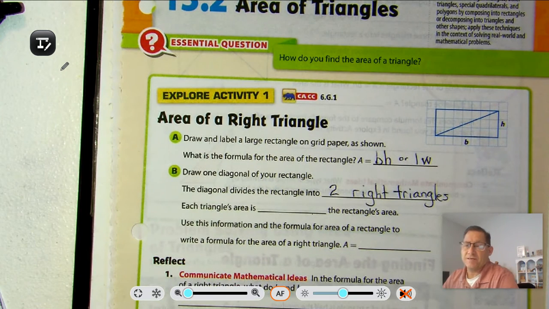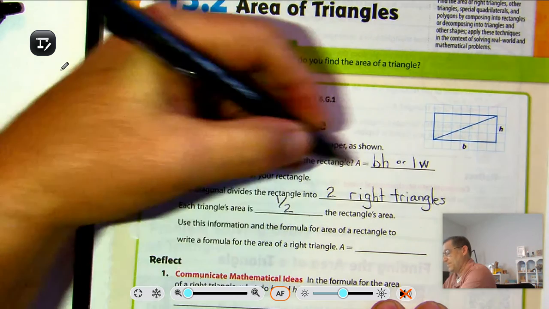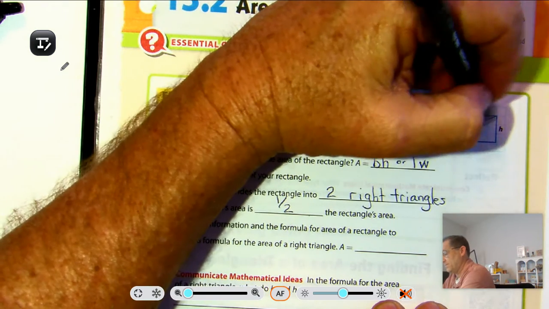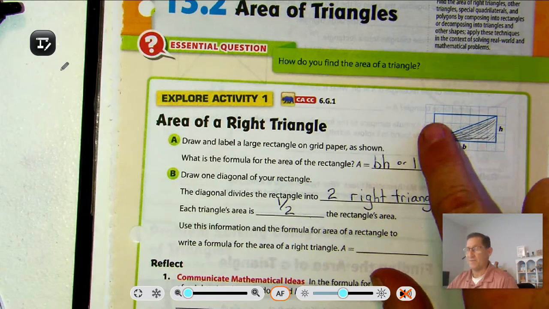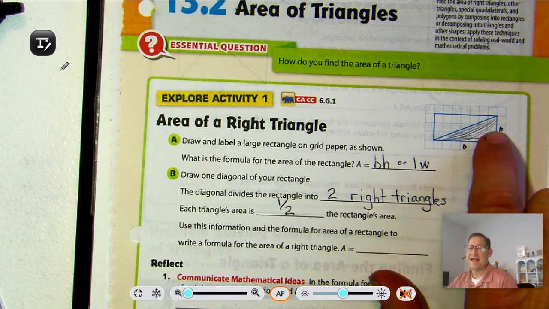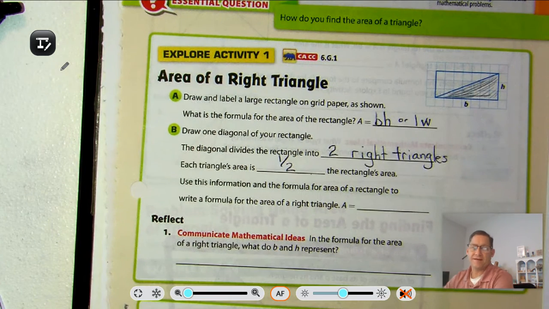Each triangle's area is going to be half of the rectangle's area. Okay, so if we have this bottom section here, this area is going to match this area, but it's half of the whole rectangle. So keep that in mind and write a formula for the area of a right triangle.